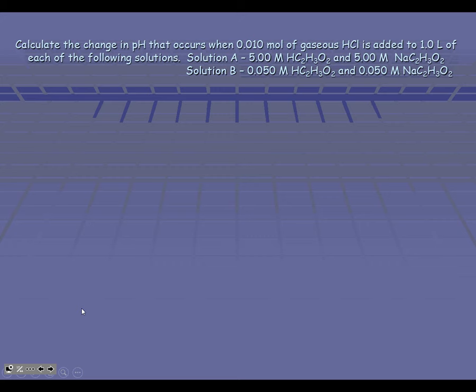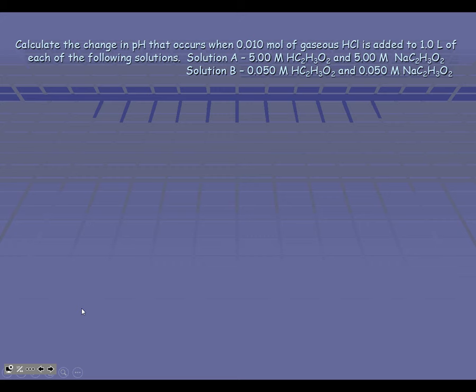Now, when I first look at this, which one of these solutions is going to have the better capacity for buffering? The one that has the better buffering capacity is the one that has the larger concentration. So solution A is going to be able to absorb a lot of hydrogen and a lot of hydroxide with very little change.